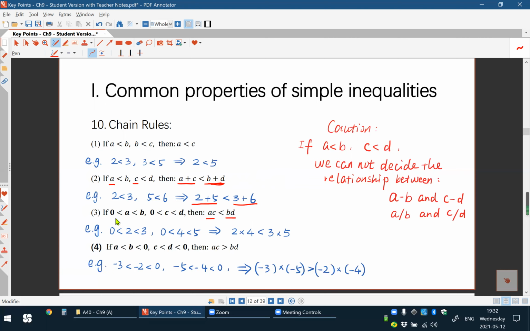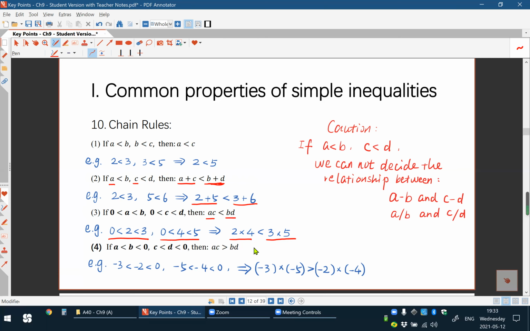When they are not, you need to prove or show some counterexamples. For example, 2 is smaller than 3 and both are positive, and 4 is smaller than 5 and both are positive. Then the product of 2 and 4 should be smaller than the product of 3 and 5.